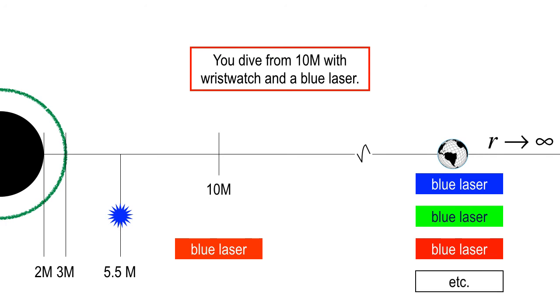And so on. So every inch closer, it gets bluer. I calculated about 2.02 M, really close to the event horizon. You're down in the microwaves.